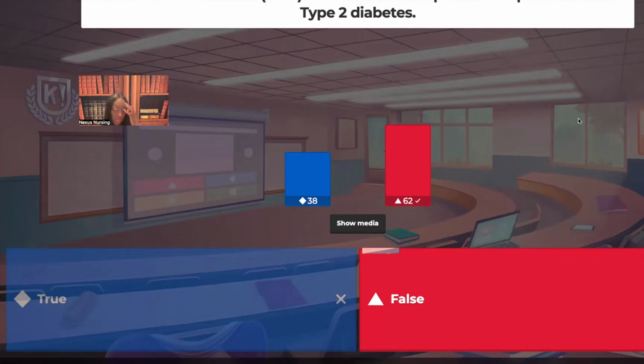And so their body will start breaking down fat for energy because they don't have that insulin. And that's why it's more common in type 1 diabetics. Why? Because as I said to you before, type 2 diabetics, they make insulin. They just don't make enough, or their body's resistant to what they make, but they make it. Okay?